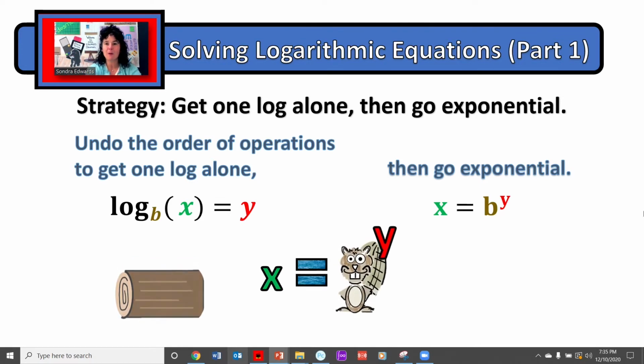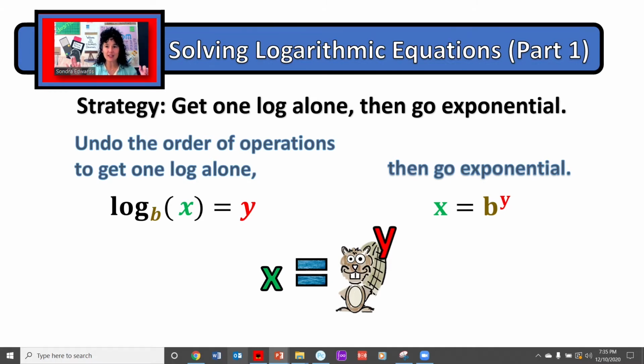So we're going to have the base to the y, and because the beaver has tunneled under, the logarithm ends up falling in that tunnel, and we don't have that log anymore.